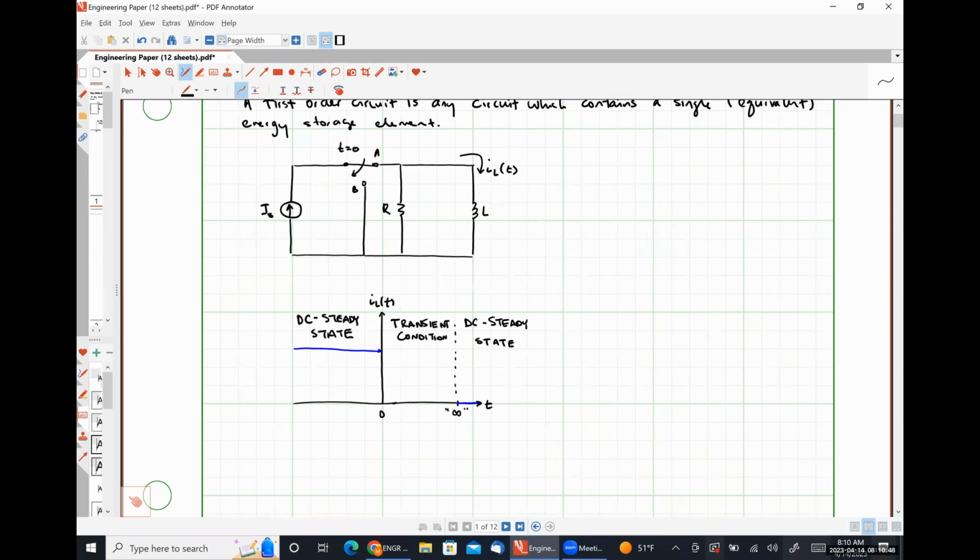Okay. So a couple of things here just really quickly. We have determined by inspection that IL of 0 minus was equal to the current IS. And really that's true for all points in time up to 0 minus.